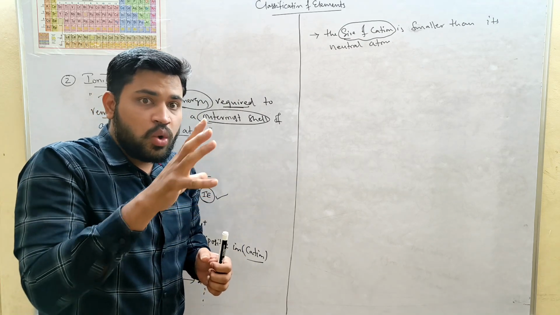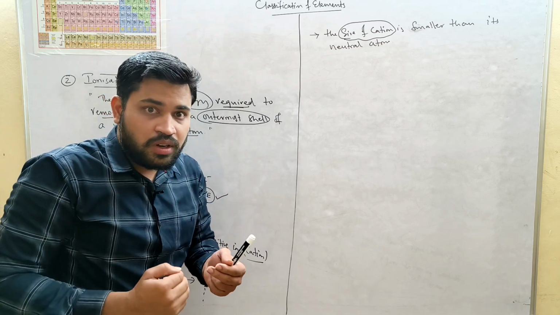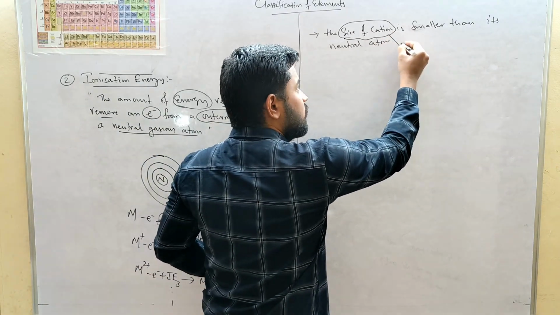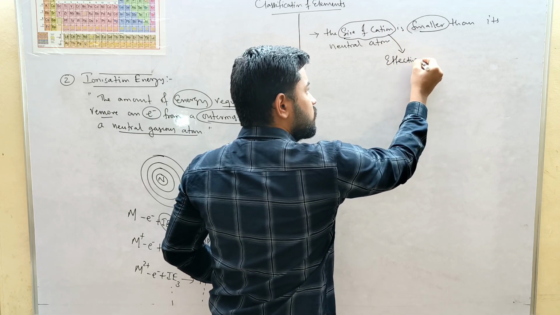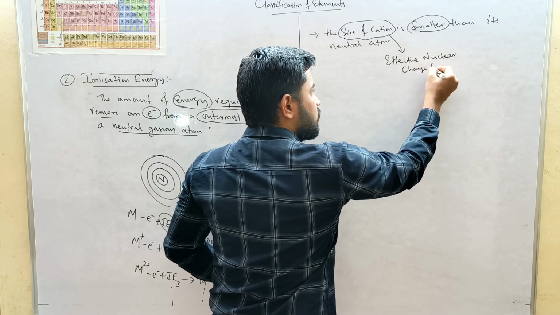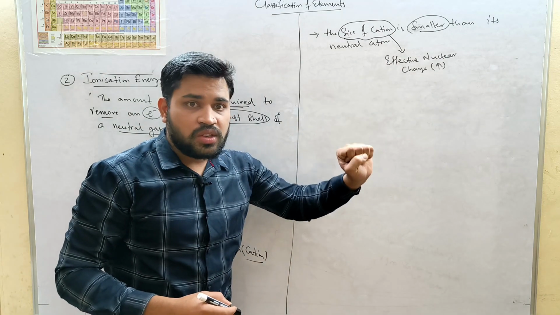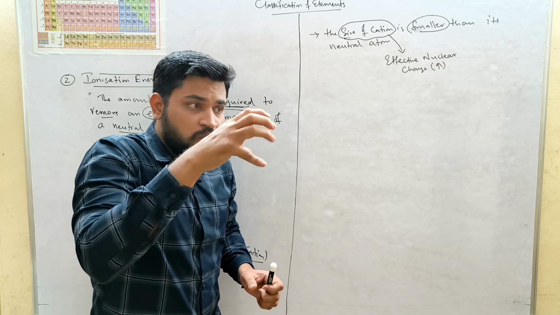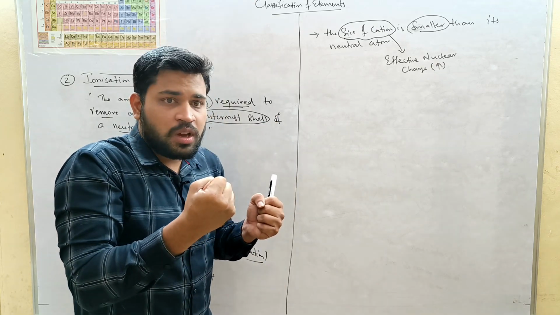So the nucleus holds the revolving electrons with much more force as compared to the neutral atom. So the size of the cation is smaller, since the effective nuclear charge increases. When it increases, the nucleus is holding the revolving electrons with much more force of attraction. So due to this, what is going to happen?